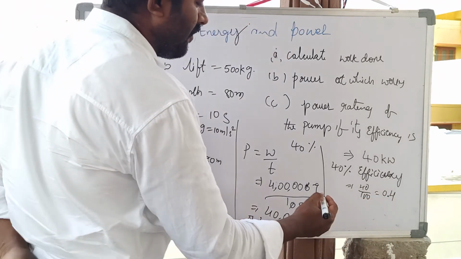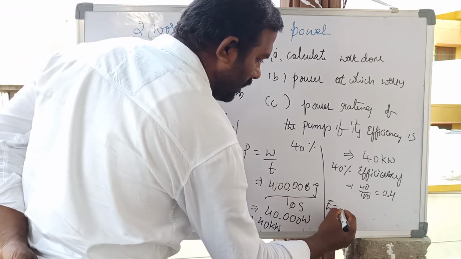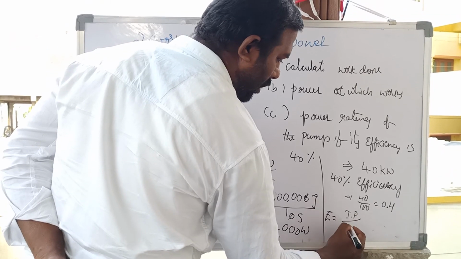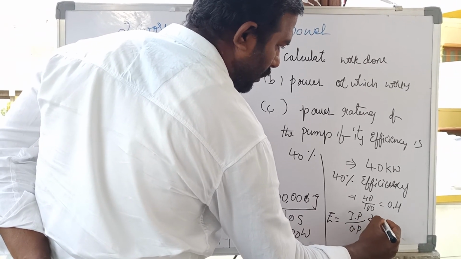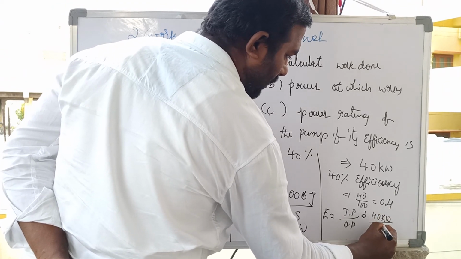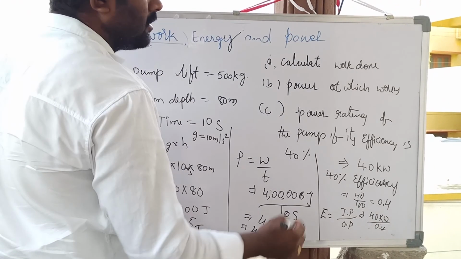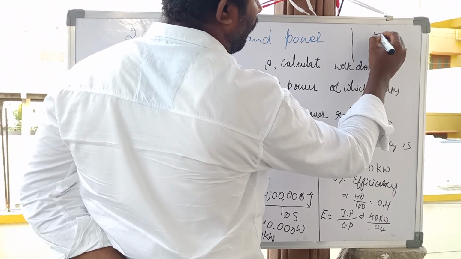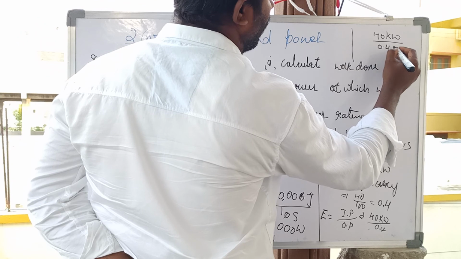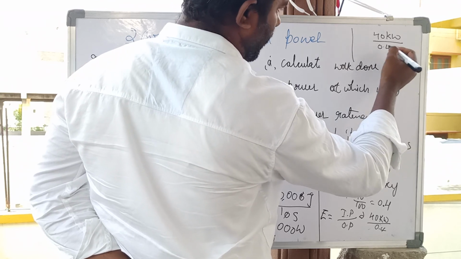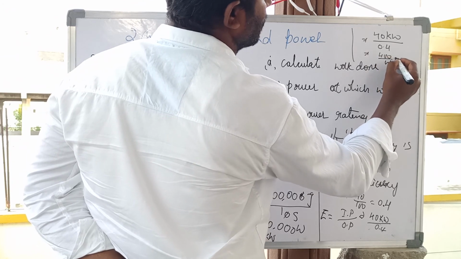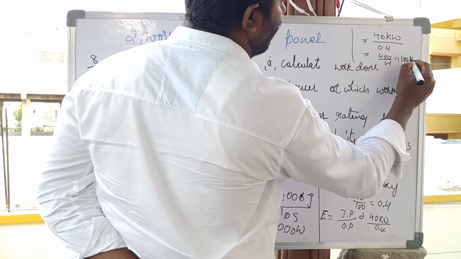So efficiency is equal to output by input, the formula is there. Input we got is 40 kilowatts and efficiency is 0.4. So we write 40 kilowatts by 0.4, which is 400 by 4, nothing but 100 kilowatts.